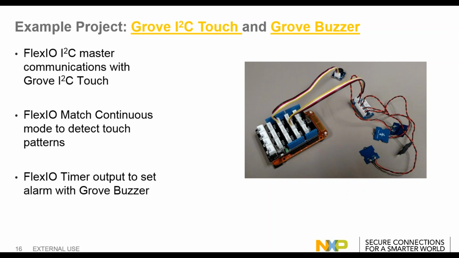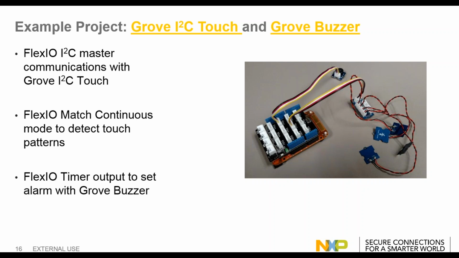This example project uses FlexIO I2C master communications with the Grove I2C Touch. And so this touch sensor, which is interfacing to the shield board, is an I2C driven touch sensor. And we can interface to that to see which of these 4 touchpads has been touched.